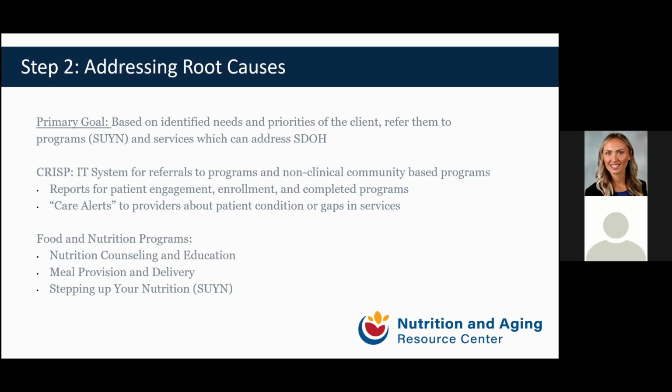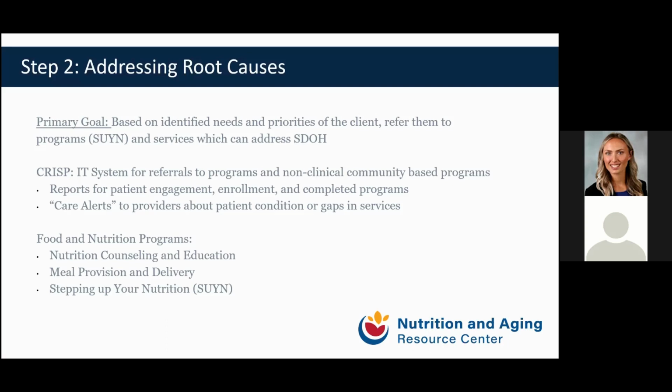Participants identify their own potential nutrition risk status and establish their own goals to improve their nutritional status. Step Up Your Nutrition could be an appropriate referral for an individual with malnutrition, or it could help identify a root cause for an individual who was referred for falls. So it just depends on what we're trying to get.